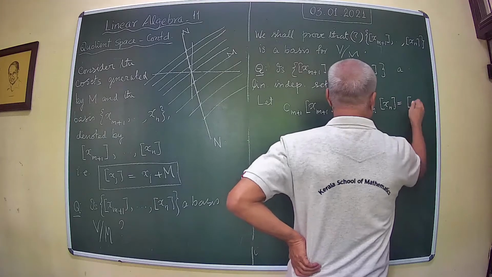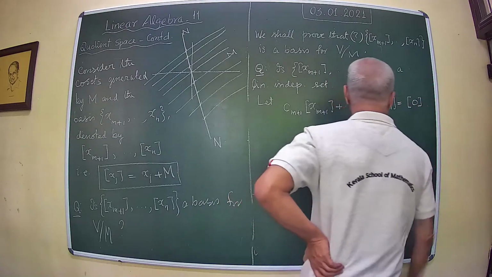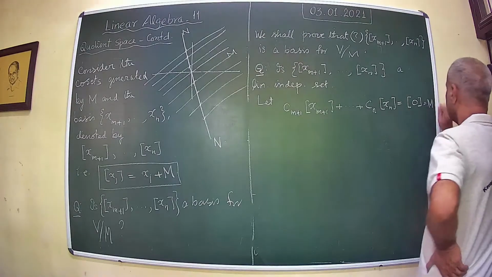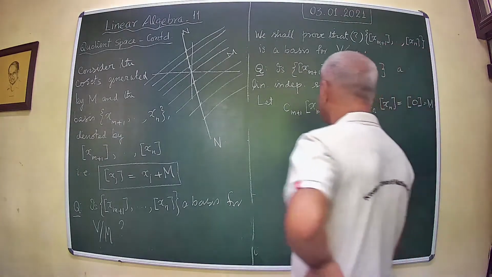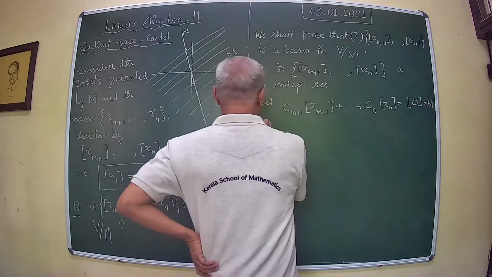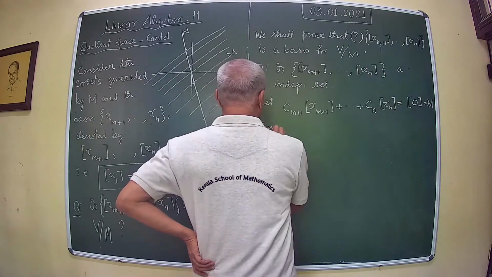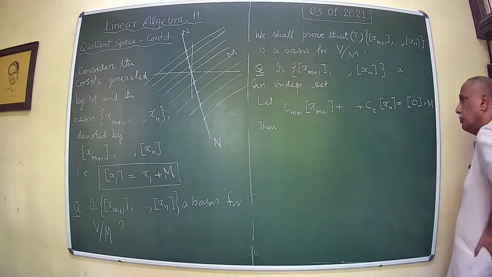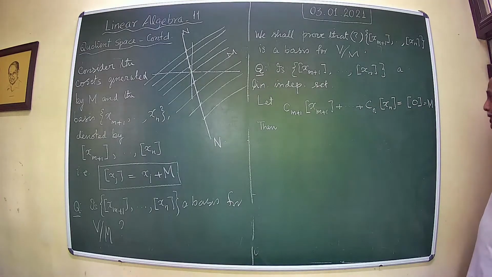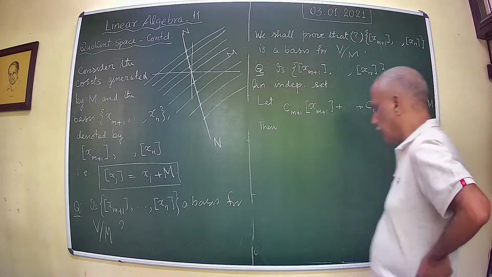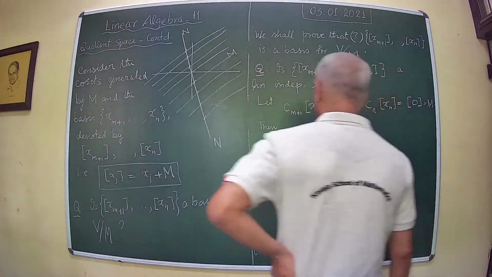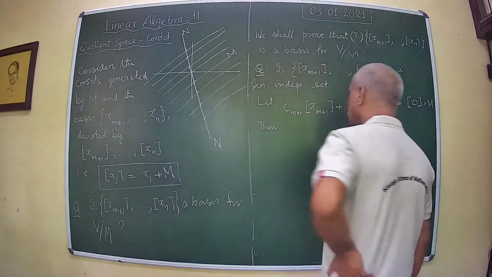The combination equals 0, which is equal to M. Then what do we want to prove? We want to prove that c_{m+1} equal to 0, c_{m+2} equal to 0, etc., c_n equal to 0.